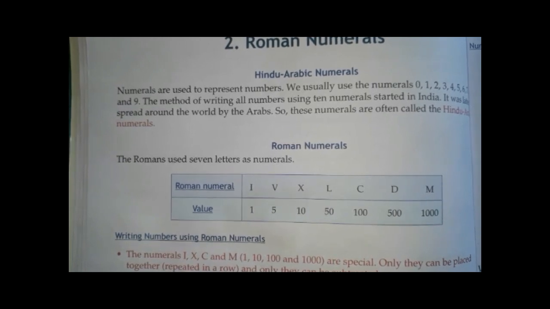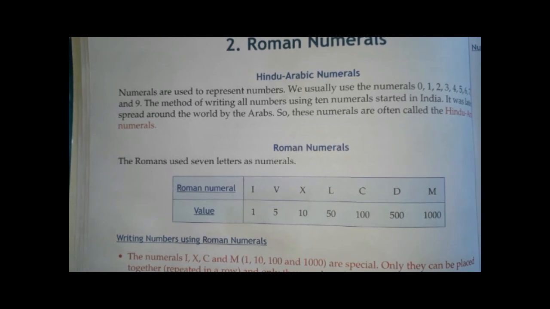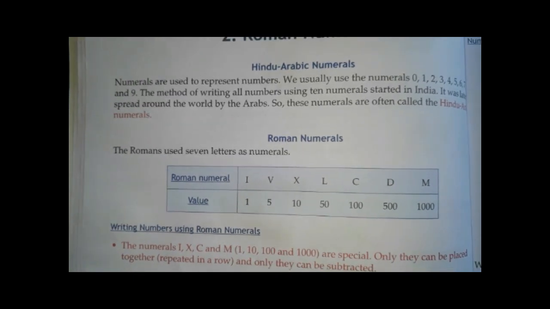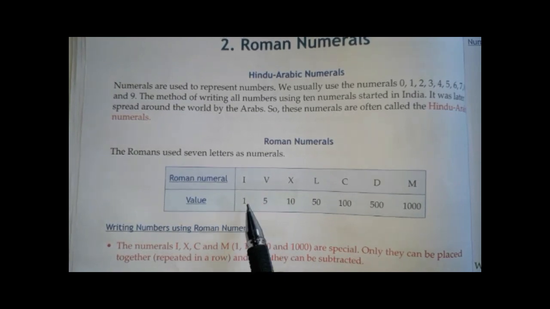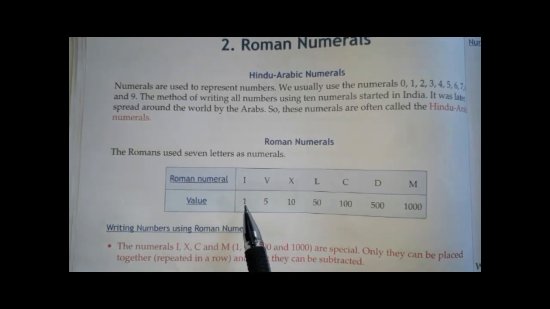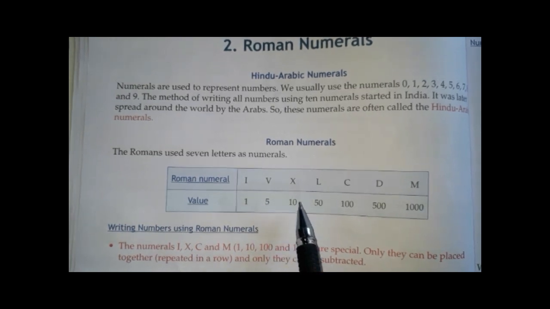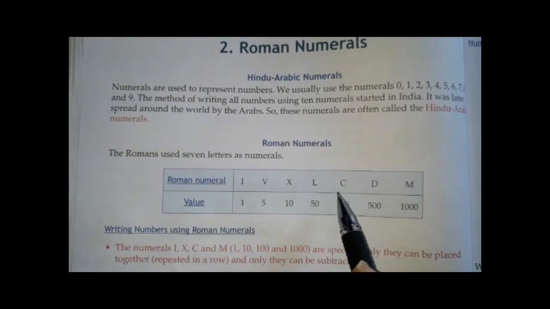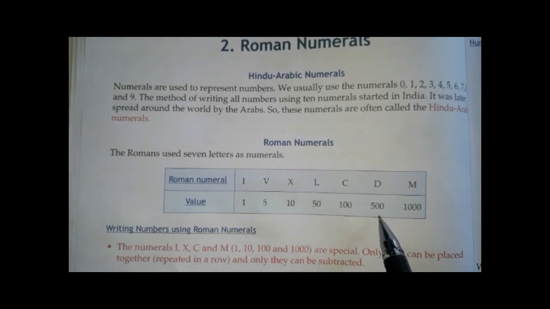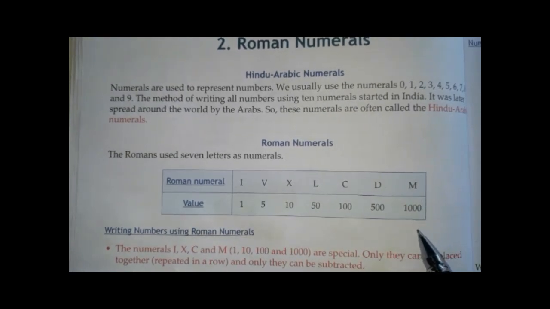There are 7 letters which were used by the Romans. These letters, as you can see here, were I, which means 1 according to Hindu-Arabic numerals, V, which means 5, X, which means 10, L, which means 50, C, which means 100, D, which means 500, and M, which means 1000.